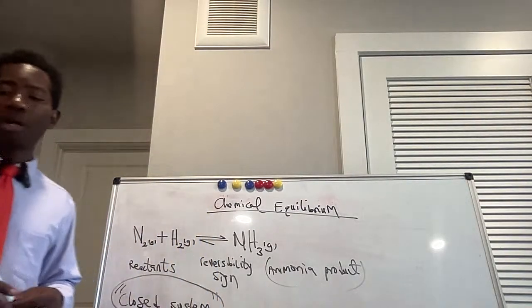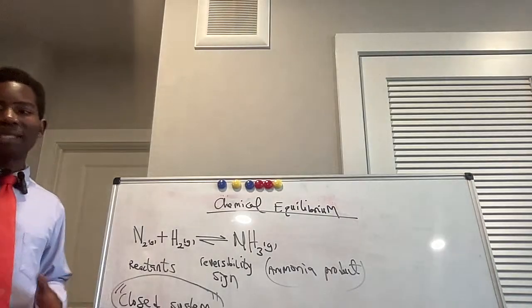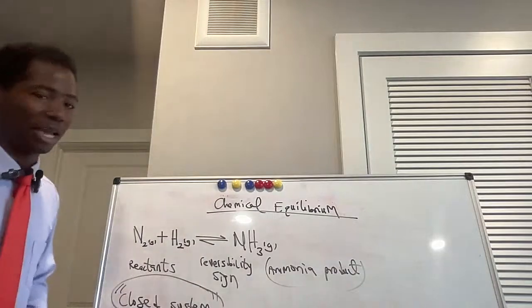We are going to look at some reactions that occur under equilibrium, like the decomposition of calcium carbonate. It produces calcium oxide and carbon dioxide.